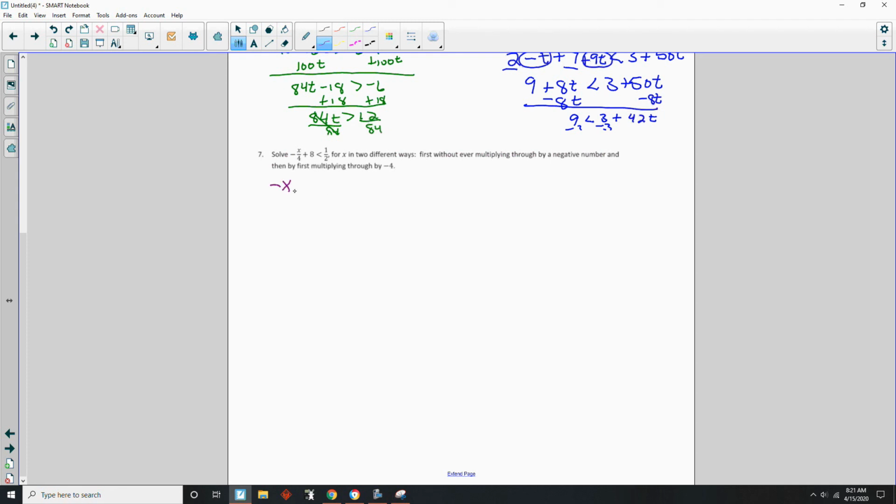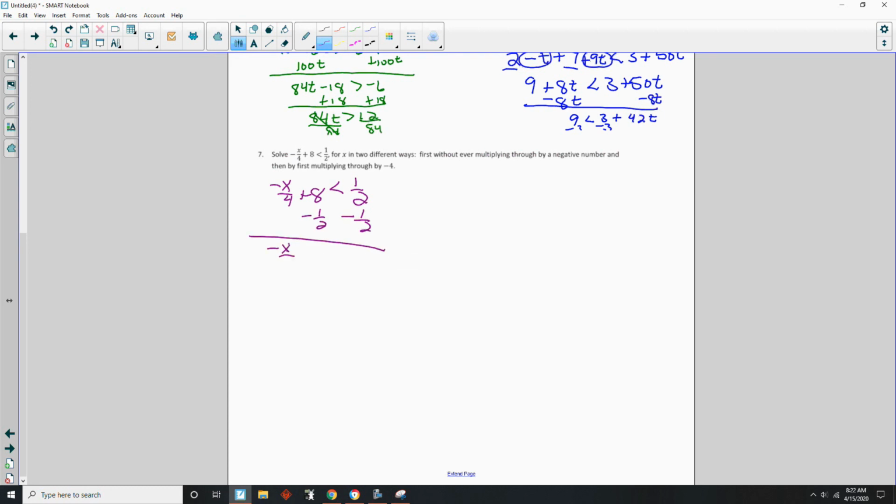So if I have negative x over 4 plus 8 is less than 1/2, this time I'm going to just move things around. So I'm going to subtract a half from both sides. Let's try this.